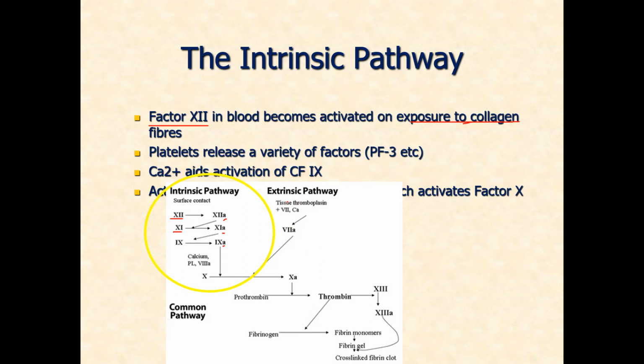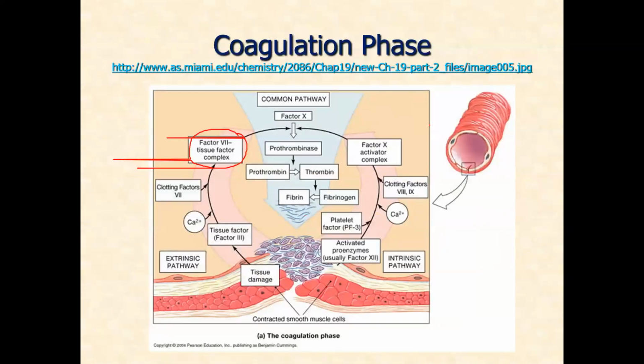Like your extrinsic pathway, you release tissue factor from the damaged tissue that combines with factor 7 and calcium. You get your complex, you turn on factor 10. Remember, in both cases, intrinsic and extrinsic, at the end of the day, you're trying to turn on factor 10, okay?